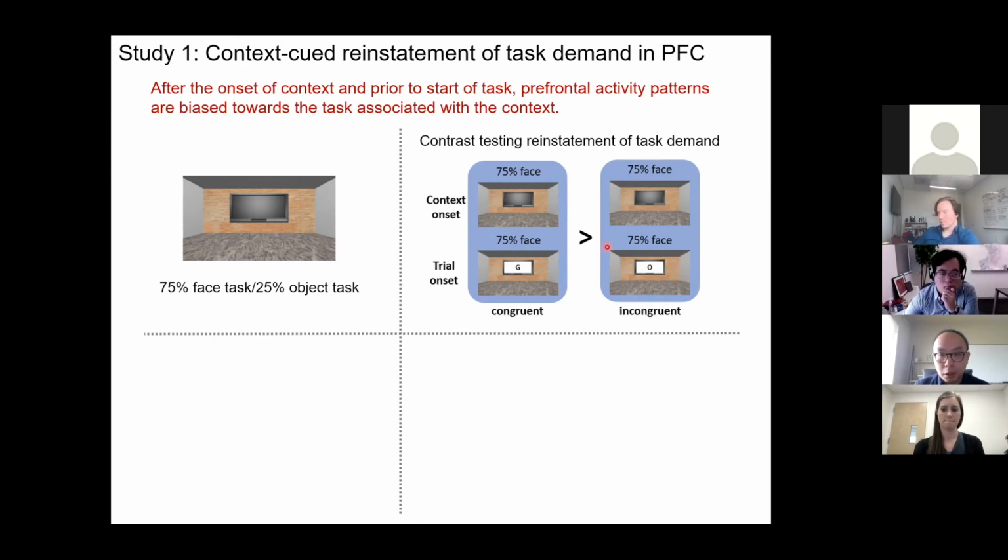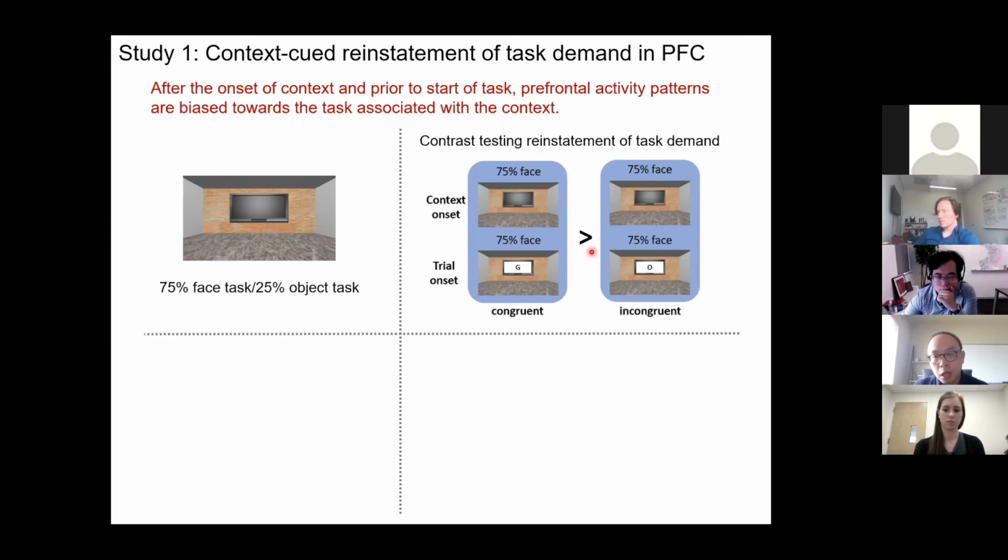In other words, if this context is linked to a higher probability of performing a gender task, then after they enter the context without performing any task, this activity pattern should already be biased towards the gender task rather than the object task.